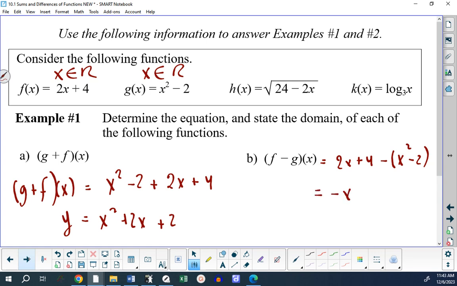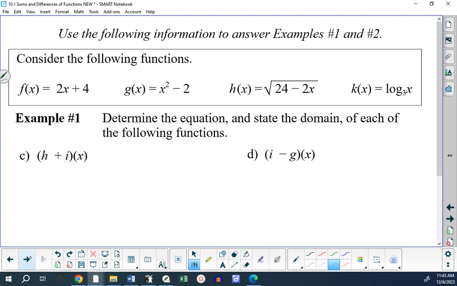A negative x squared, a positive 2x, and a positive 6. Any questions with A and B? Did I do my arithmetic right there with the numbers and the brackets and the negatives? Good.